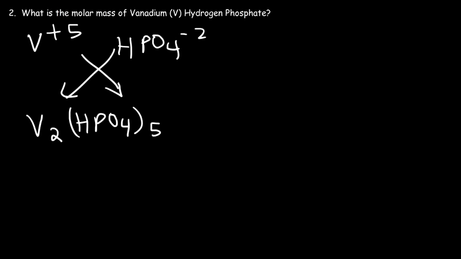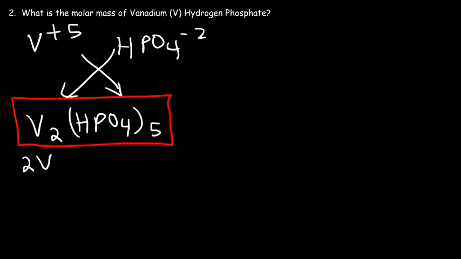So now that we have the chemical formula of vanadium(V) hydrogen phosphate, we can calculate the molar mass. We have 2 vanadium atoms, and then 1 times 5, so 5 hydrogens, 1 times 5, 5 phosphorus atoms, and then 4 times 5, 20 oxygen atoms.